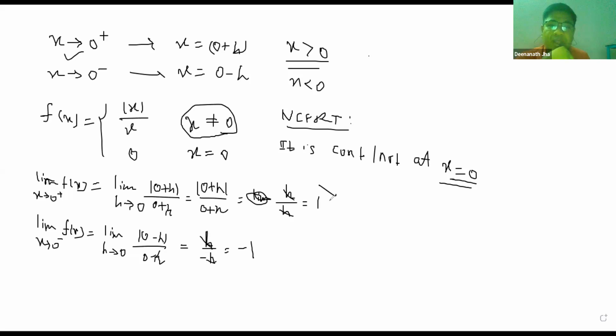So this is the RHL and this is the LHL. Can you tell me whether this limit exists or not? No, it won't exist, because one is not equal to the other. If the limit does not exist, then you cannot define continuity. So this is not continuous at x equal to 0. Any problem?